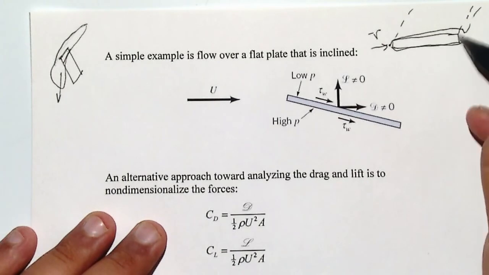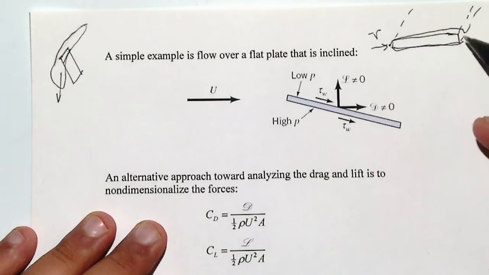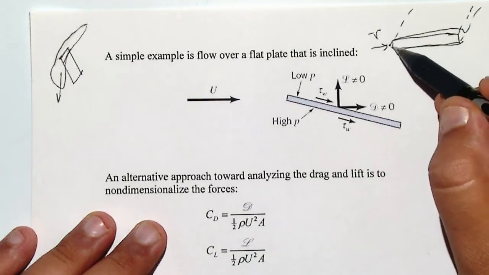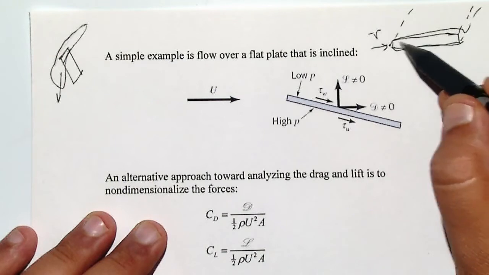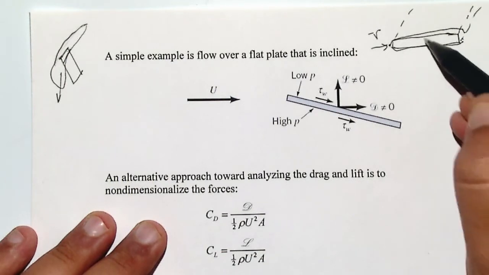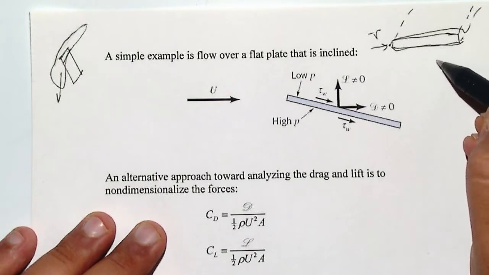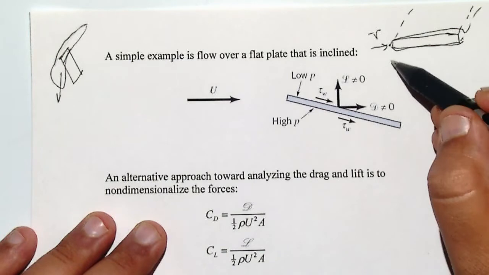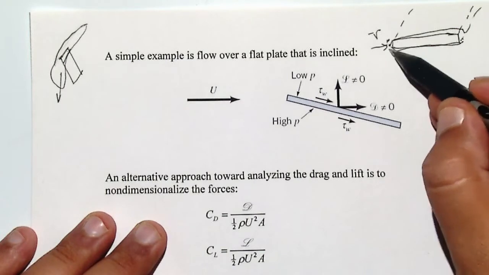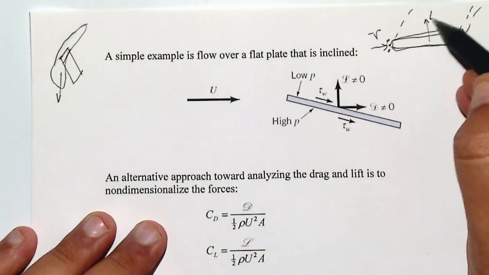If these two pass over a flat plate with the same angle, they reach here at the same time, and the length of the path that they pass is the same, right? Then velocities are the same and pressure should be the same. Then you don't have any lift here.